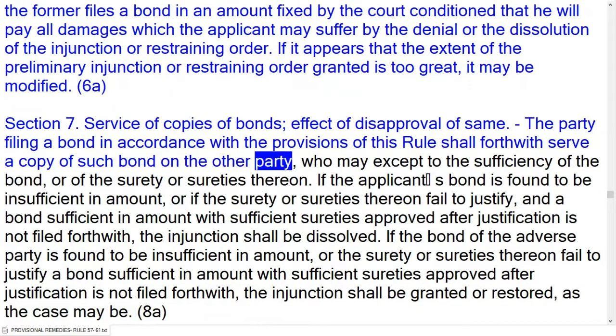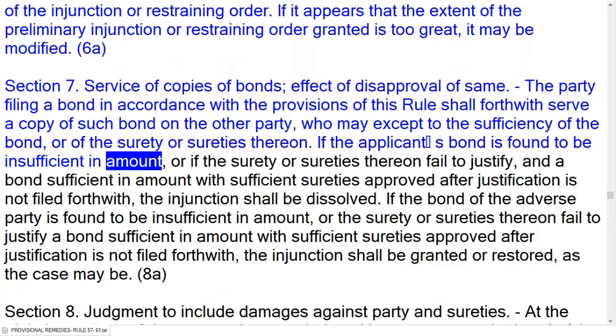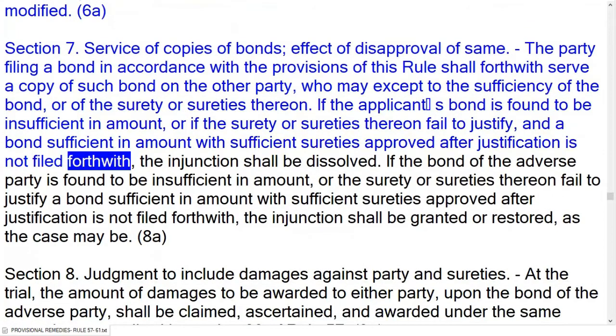bond on the other party, who may accept to the sufficiency of the bond, or of the surety or sureties thereon. If the applicant's bond is found to be insufficient in amount, or if the surety or sureties thereon fail to justify, and a bond sufficient in amount with sufficient sureties approved after justification is not filed forthwith, the injunction shall be dissolved.